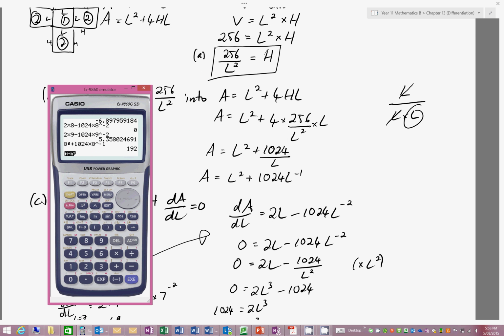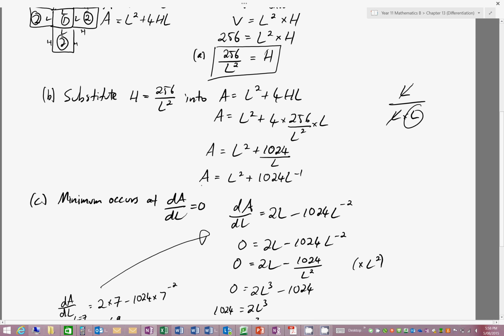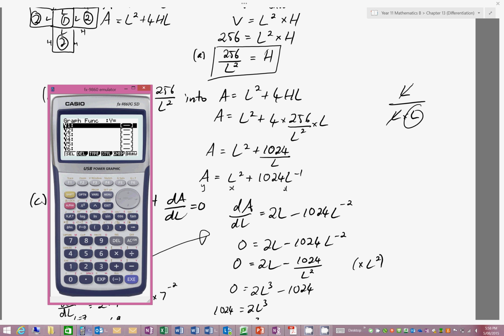Just into graph mode. I'm pretending that this is y and this is x, because it's the way my graphics calculator does it. So y equals x squared plus 1024 times x to the power minus 1.